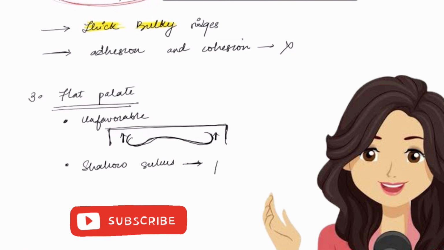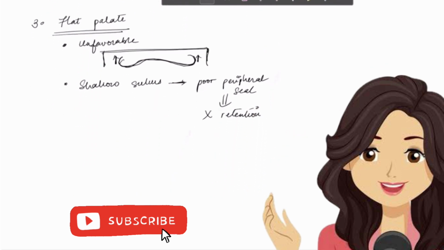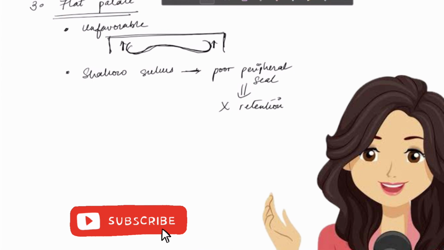This will lead to a poor peripheral seal, and when poor peripheral seal is there, you will have compromised retention in these cases. So that is for your flat palate. The important point here is that they will have shallow sulcuses with poor retention, so you need to search for alternate means of retention.